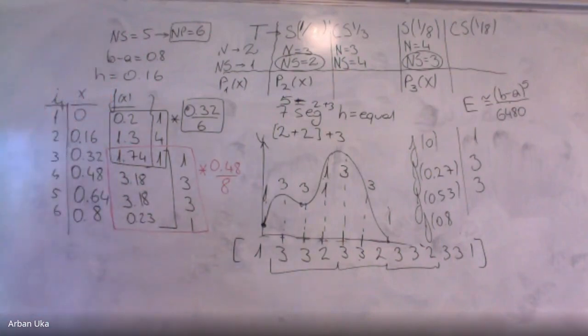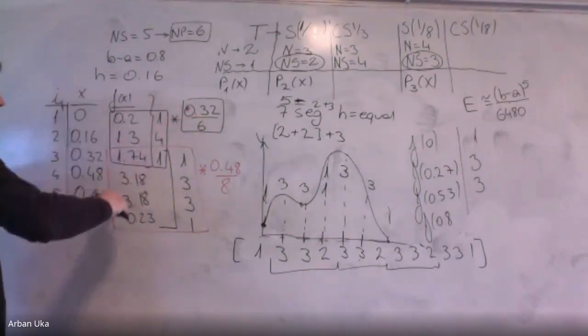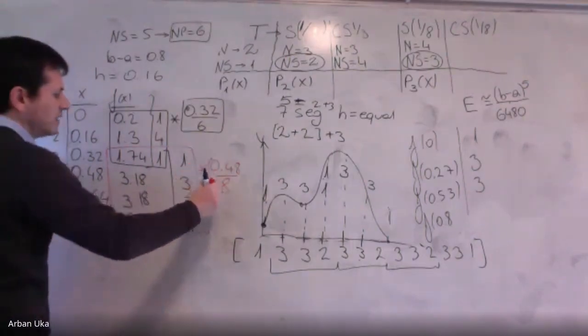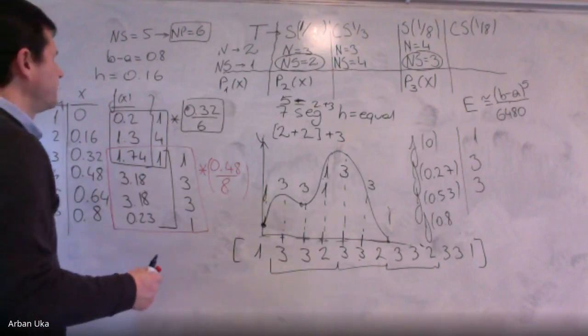So we are writing these like b minus a over 8. So we add these together, we multiply by this factor, then we add these together, we multiply by this factor, and then finally we add them together. Okay? So if we use this technique, the final integral is going to be 1.64.